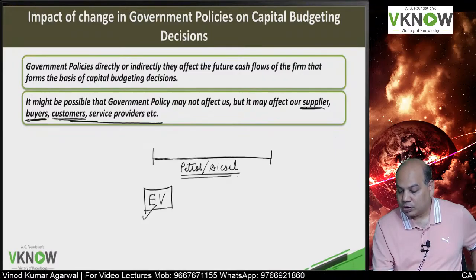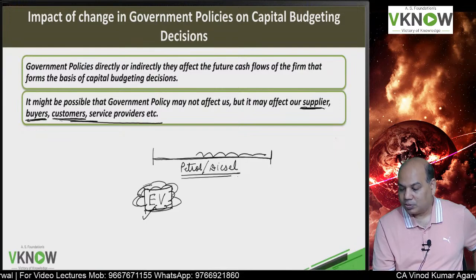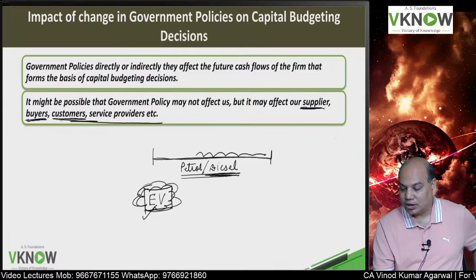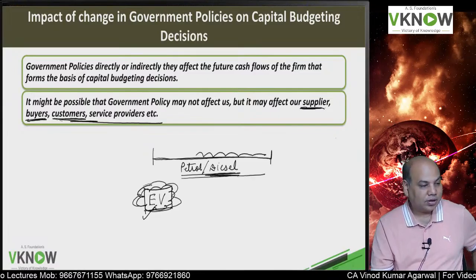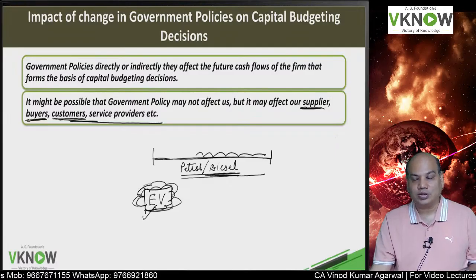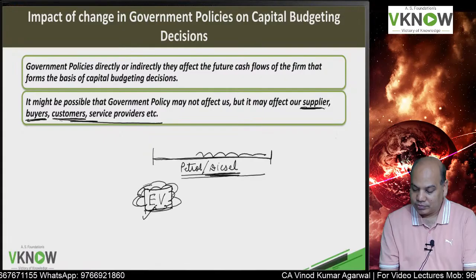So their cash flow will be affected because government is promoting EV for environmental reasons. They are promoting. In fact, they are going to ban this diesel vehicle in some state after some time. They have also brought the scrapping policy. A vehicle which is 15-year-old will have to be scrapped.